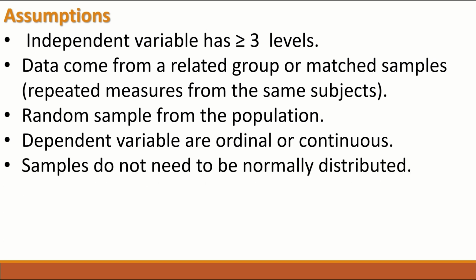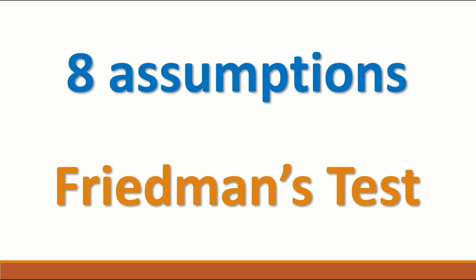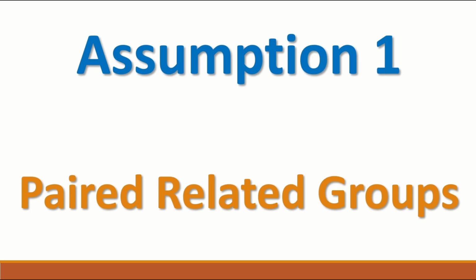So the sample does not need to be normally distributed. This test is designed for data that are not normally distributed. There are 8 assumptions that have to be met before performing the Friedman test.